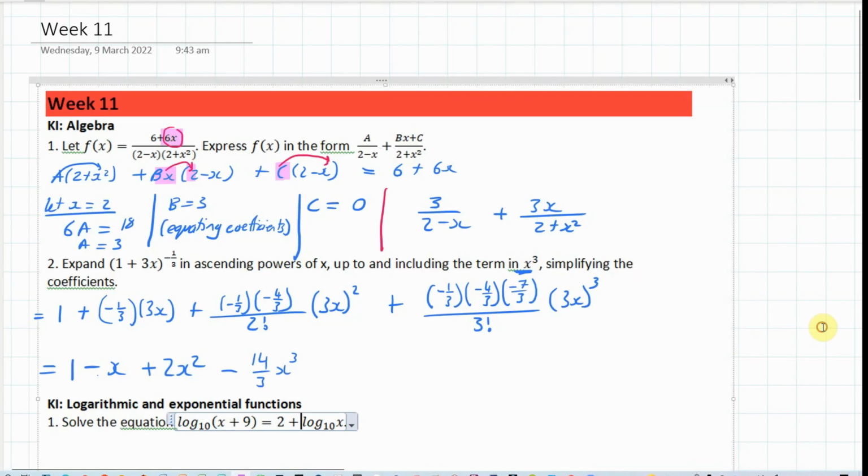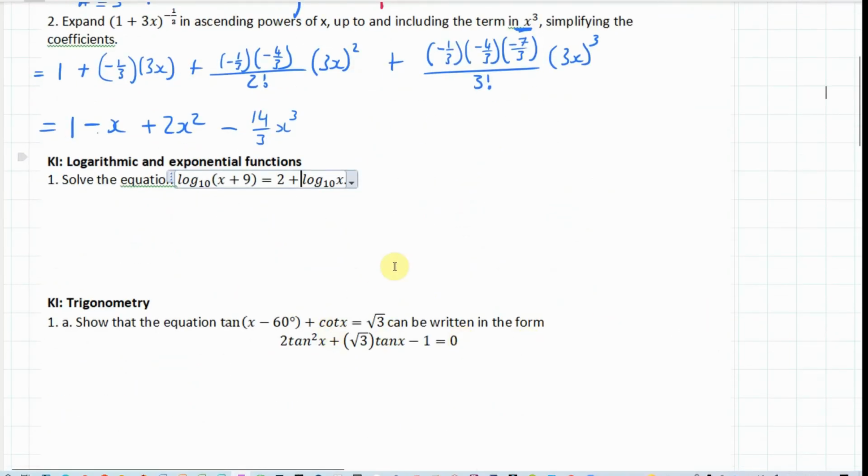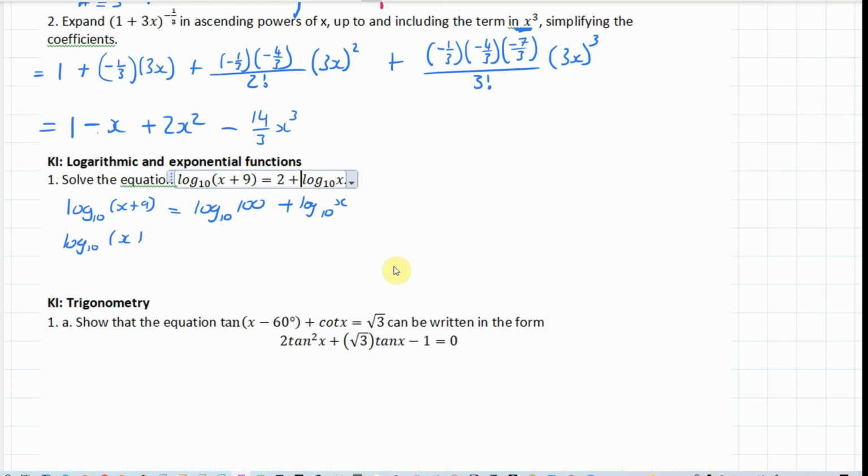Okay, the next one, I've got to solve this logarithmic equation. So first of all, I'm going to write everything in terms of log base 10. So that 2 becomes log base 10 of 100. And then I'm going to use my log rules on the left hand side to get log base 10 of 100x.